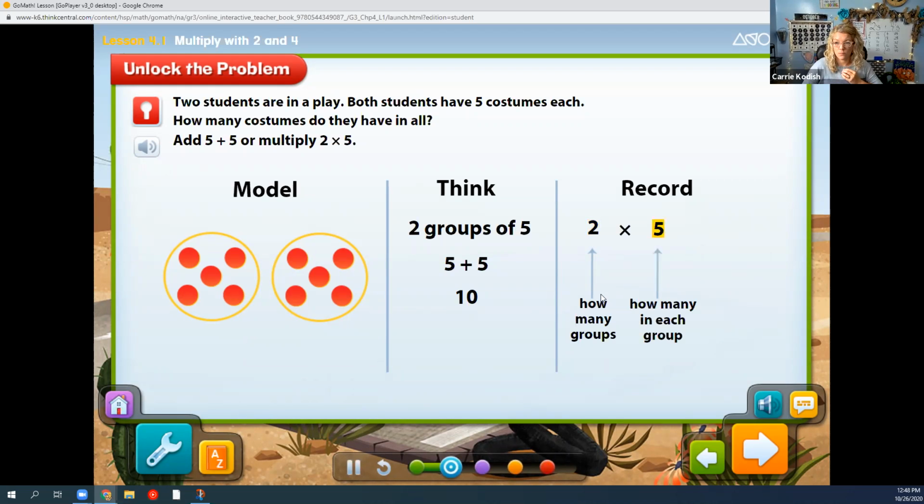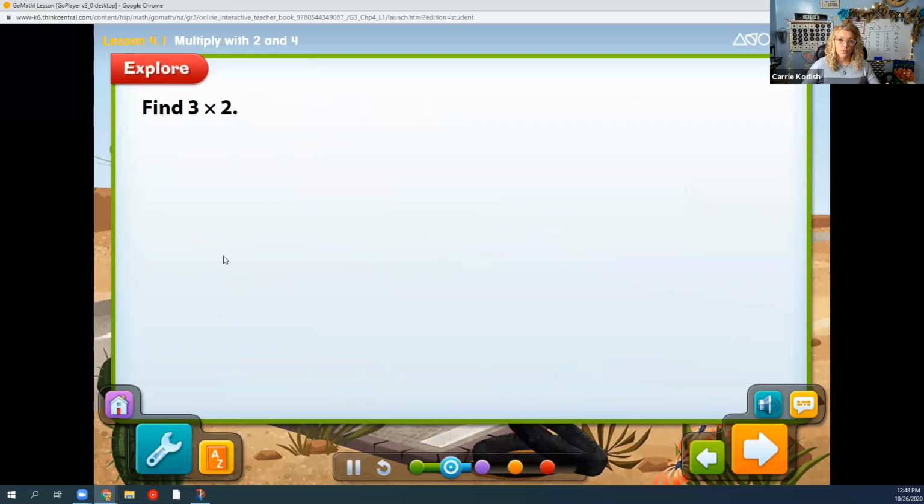There are 5 costumes in each group. 2 times 5 is 10. So the 2 students have 10 costumes in all. Okay. So again, they say in all for addition and multiplication. They say those clue words. When there are 2 in each group, you can count by 2s.